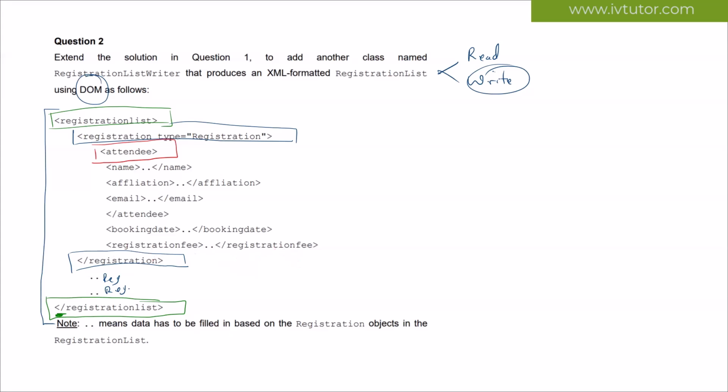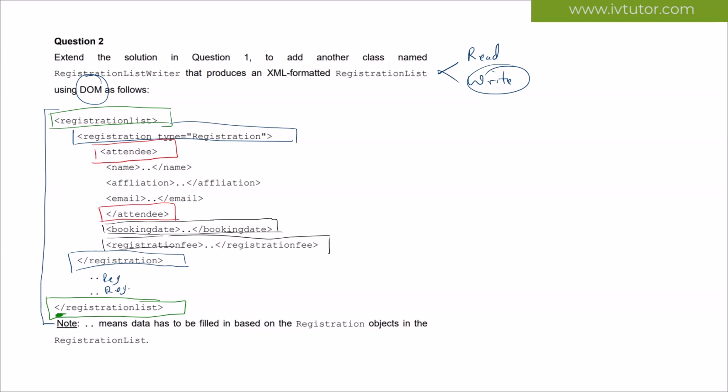We open it there and we close it here, right? Then we also have a booking date within a registration, which we open here and we close there. And we also have a registration fee, which we open here and we close there.